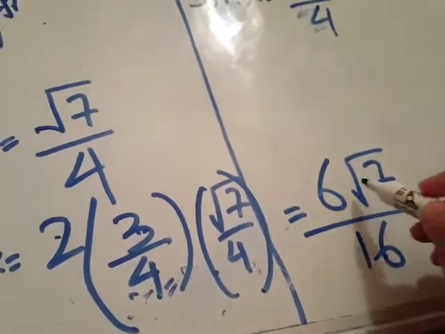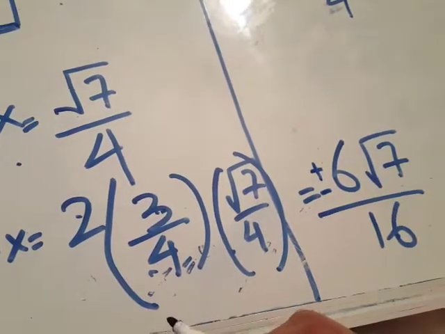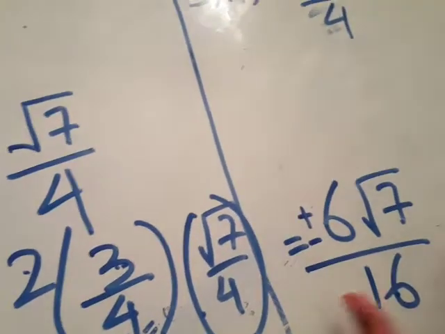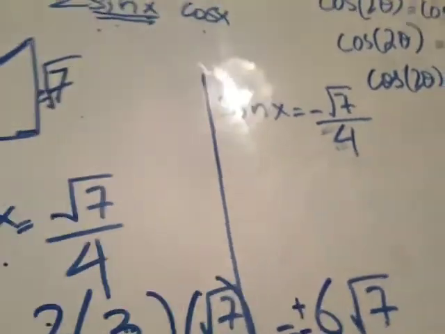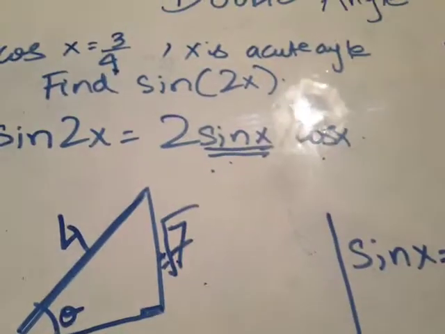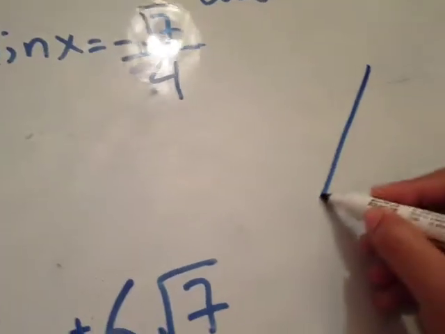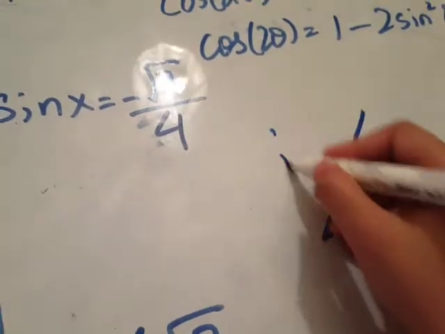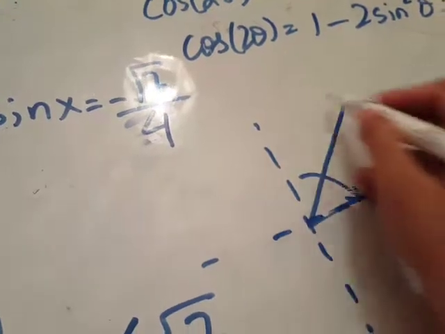So both for positive and negative, there can be 2 values that come out. But why will I keep only one value, the positive one? See, in the question they are telling you that x is an acute angle. An acute angle is any angle that is less than 90 degrees. So it should lie in the first quadrant.